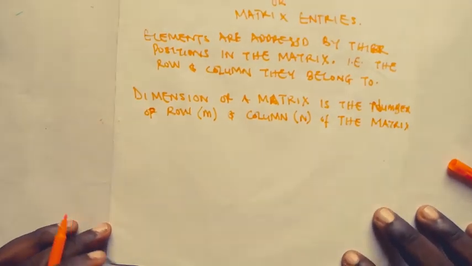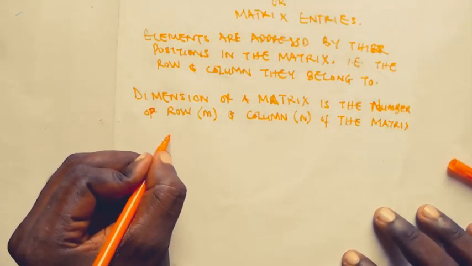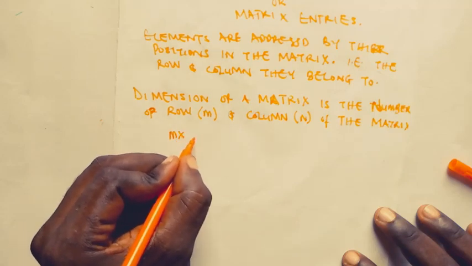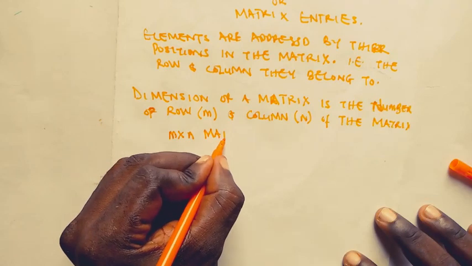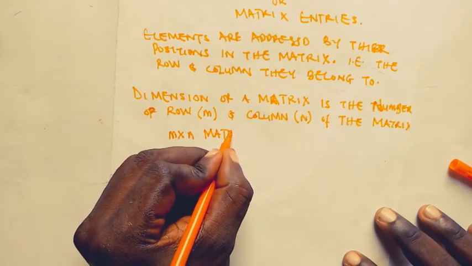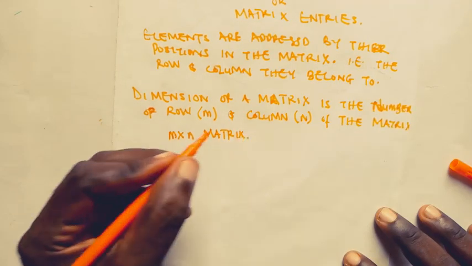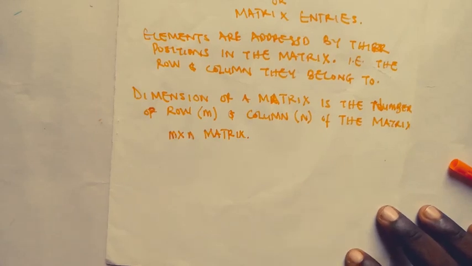So for example, we can have an m by n matrix.